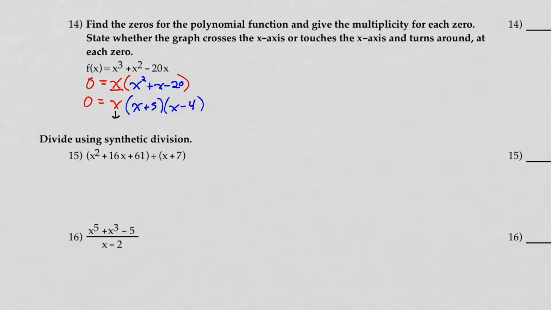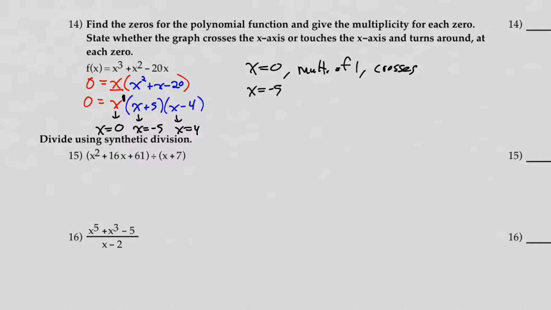So here is x equals 0, x equals negative 5, and x equals 4. Okay. So for x equals 0, multiplicity, we just look at the power, and it's 1. So that means it crosses the x-axis.